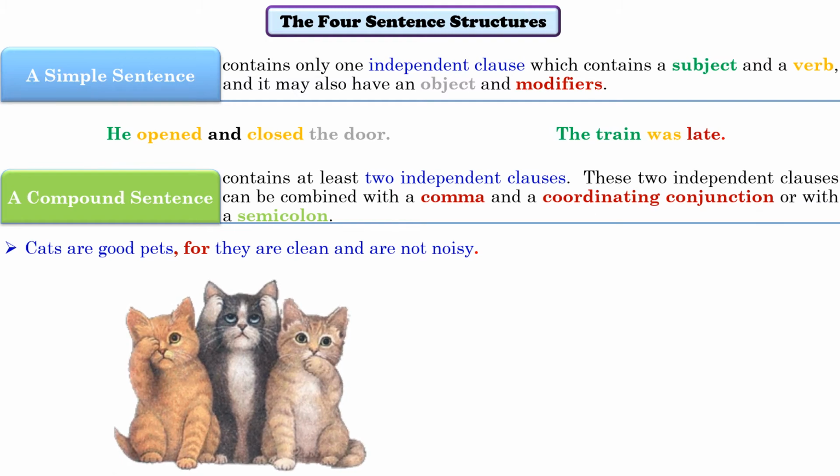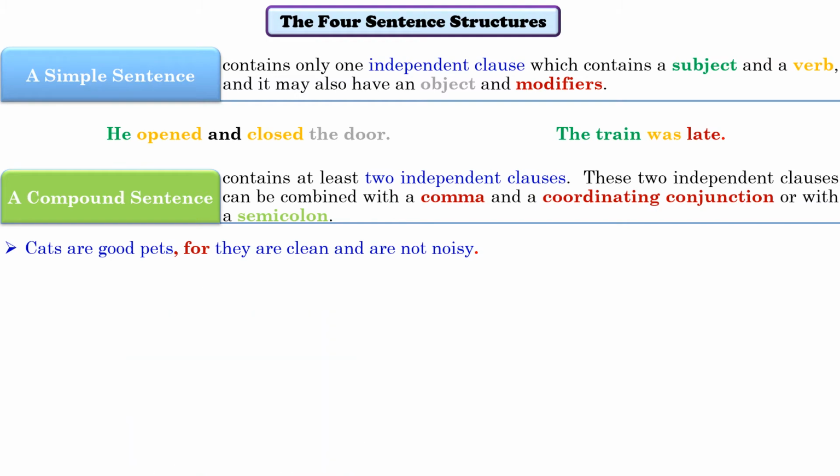You can see that in this compound sentence, we used a comma and the coordinating conjunction. In this case, the coordinating conjunction is for.